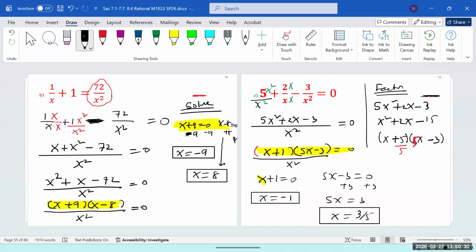After that, you just look at the numerator. Forget about the denominator. So you separate them: x plus 1 equals 0, 5x minus 3 equals 0. Solve all of them individually. Then the result is, forget about x squared. If you simplify here, then don't worry about x squared. But if you don't, remember, this can be done in many different ways. So if you don't do this method, then you have to look for your denominator.